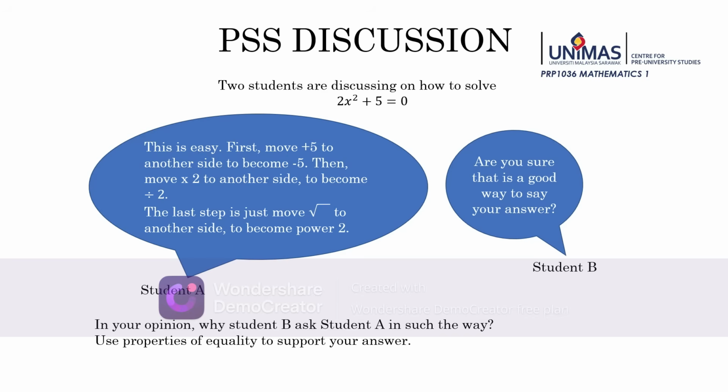Then he moved multiply 2 to the other side to become divide 2. And in the last step, he moved the square root to the other side to become power 2. Student B raises a question: are you sure that it's a good way to say your answer? Because if a student who never learned mathematics before hears you say something like this, they will be confused.